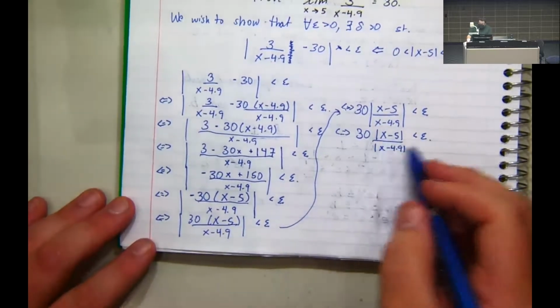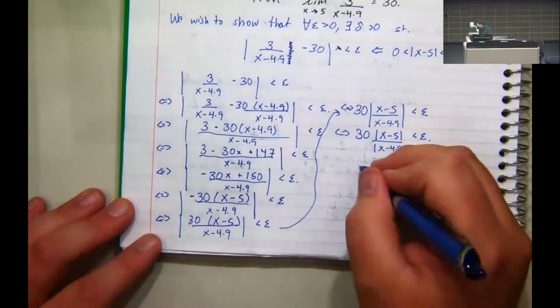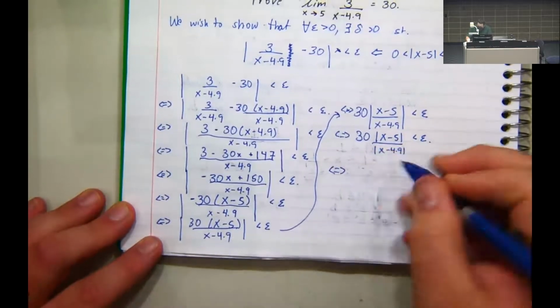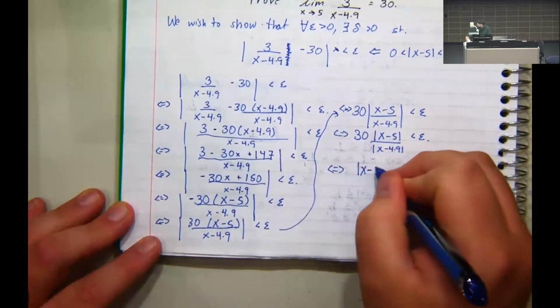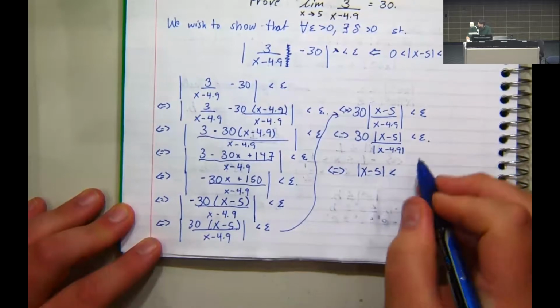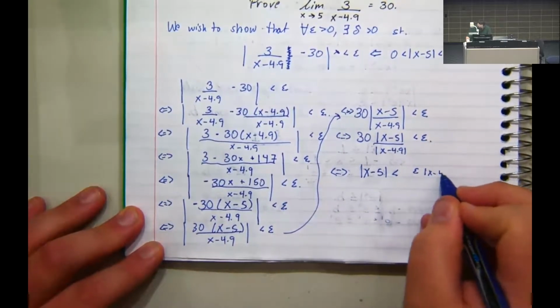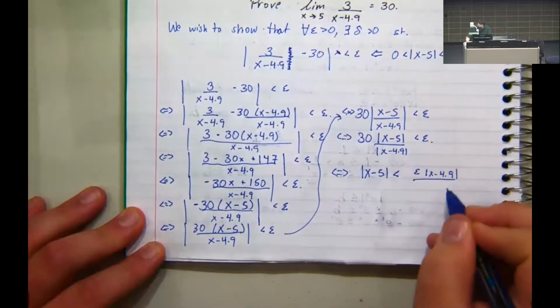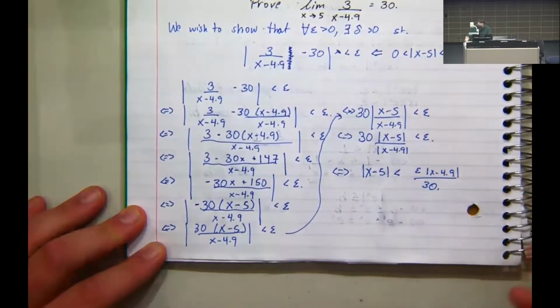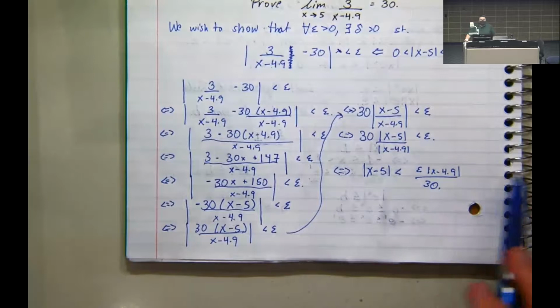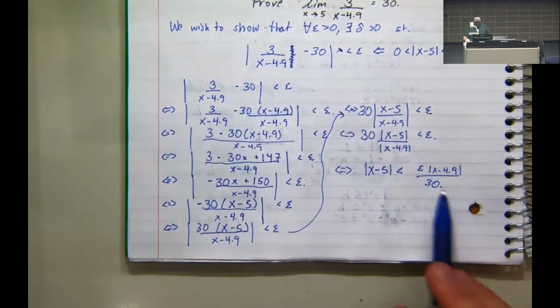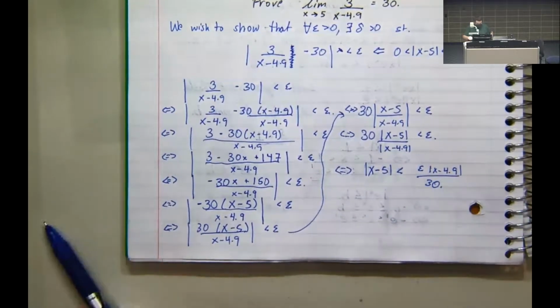So I'm just going to rearrange to put everything on the right-hand side except the x minus 5. The absolute value of x minus 5 is less than epsilon times the absolute value of x minus 4.9 over 30. Okay, so then we have to stop and do something with x minus 4.9. So that is what we will do next.